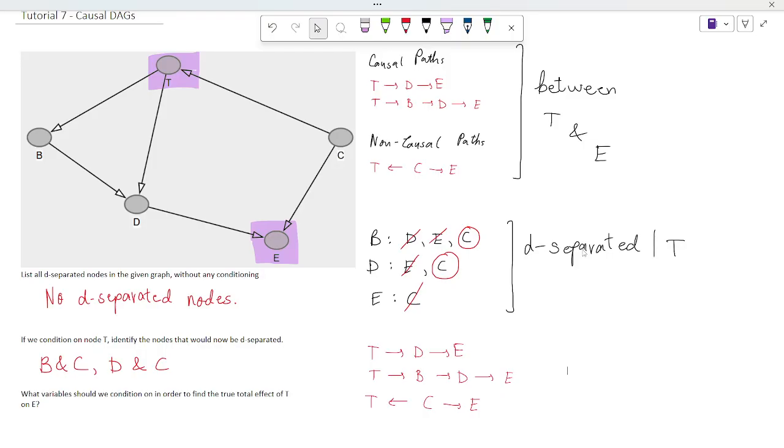Okay, I think that should be about enough. Can someone tell me if the first path is a backdoor path?